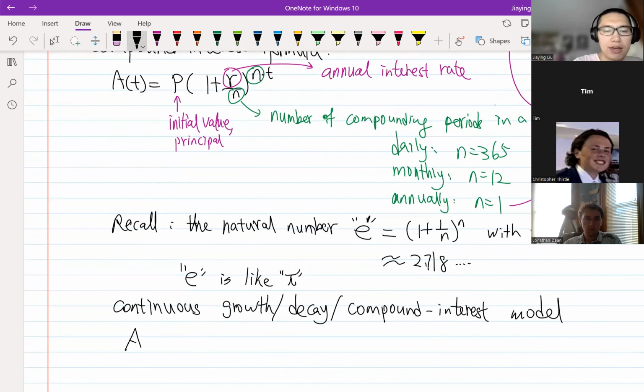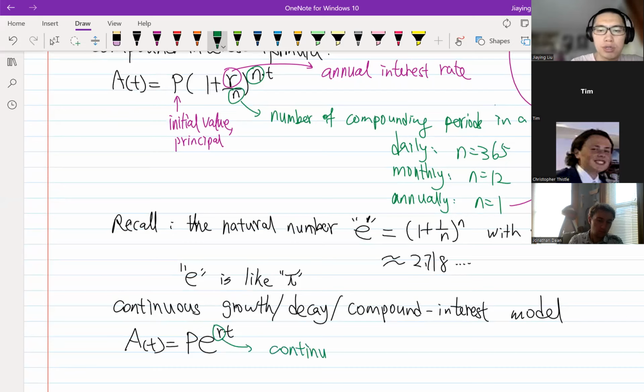So we have A of t equals P E raised to the rt. There's no n here because we don't talk about how many times it's compounded. It's continuous. So r is the continuous growth rate.